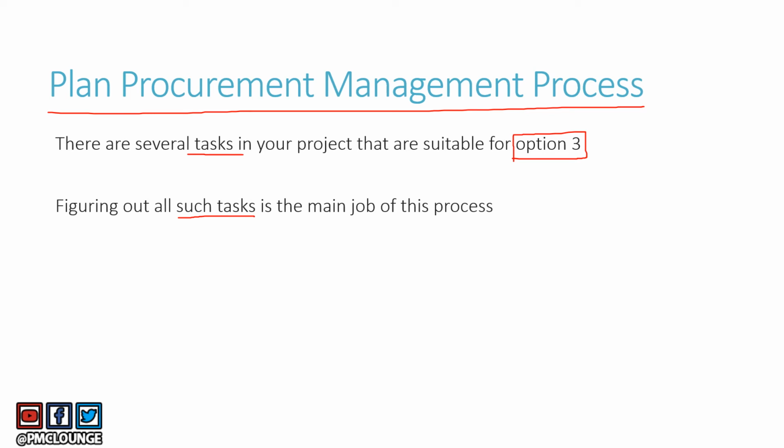How about getting them for every single task of your project? So let's say, how about outsourcing the entire project? All the tasks of the project, can they not be outsourced to the specialists? Well, of course they can be, but then that's where the tools and techniques of this process comes in.